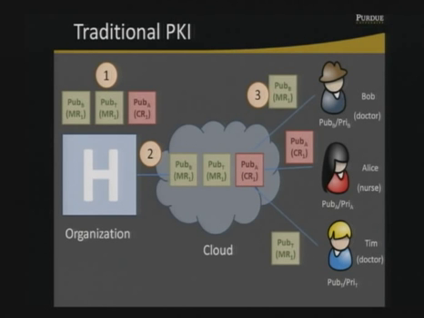The first, as everyone is familiar with, is the traditional PKI, where you have a certification authority like VeriSign, which issues public-private key pairs to each and every user. So in this case, each user will have a public-private key pair.